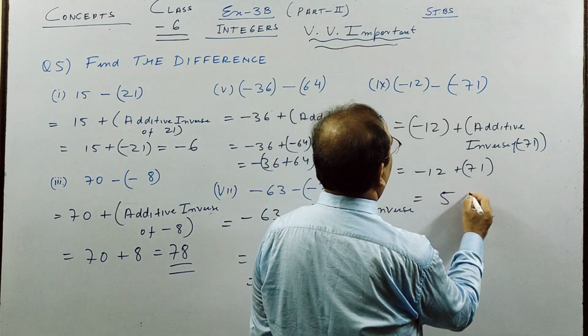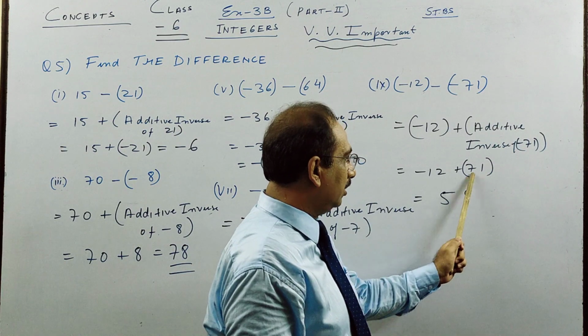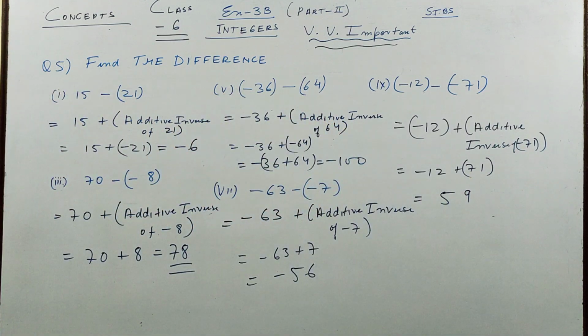So this is your, subtract the smaller from the larger, we get 59. Subtract the absolute values and put the sign of the larger. So please pause the video and copy all. Then we will move on to the last sum, which is question number 6.